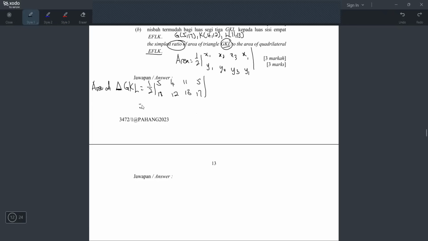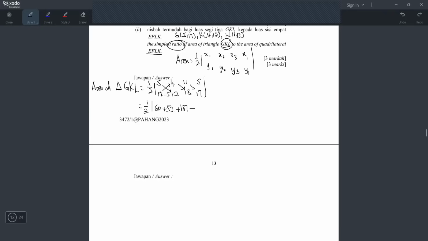After you write this, now you can start cross multiplication. When I say cross multiplication, you start from the top, which is 5, and multiply like this. It will be 5 times 12, which is 60, plus 4 times 13, press calculator, 52, plus 17 times 11, 187, and then minus. Why suddenly minus? Because I changed the direction. Now I have to go back to the front and do like this.